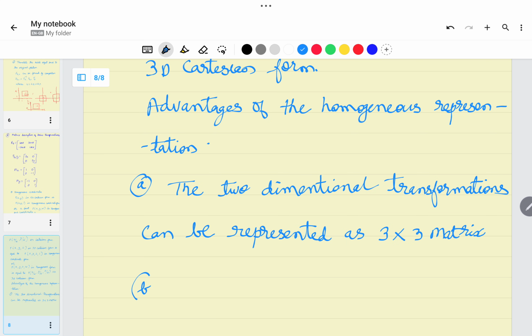Second, floating point arithmetic can be avoided.